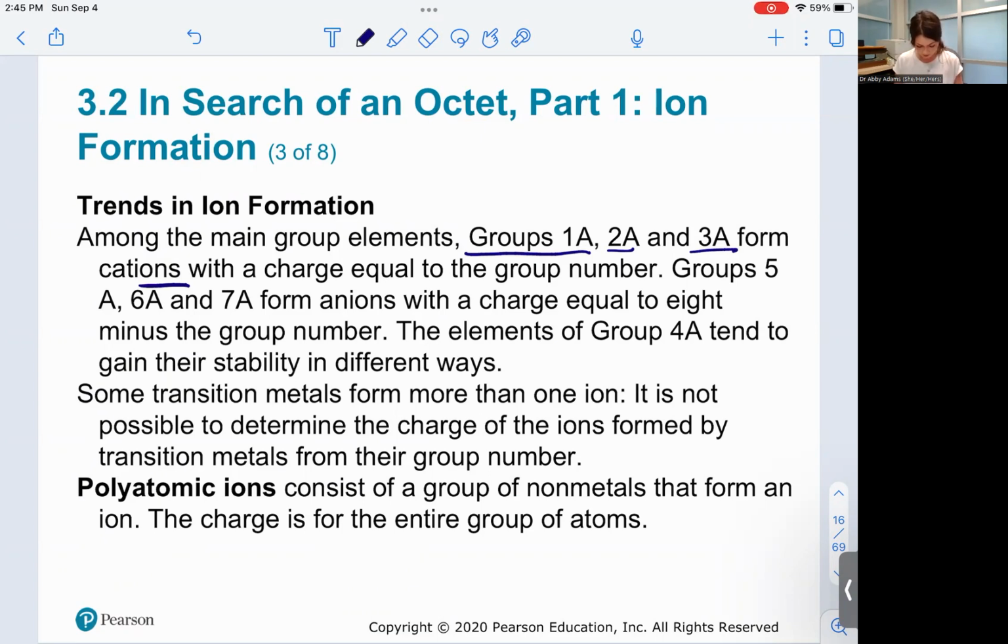Okay, so what do I mean by that? Basically, if you have group 1A, you're going to end up with something with a positive 1 charge. Group 2A, you're going to end up with something with a positive 2 charge. Group 3A, you're going to end up with something with a positive 3 charge.